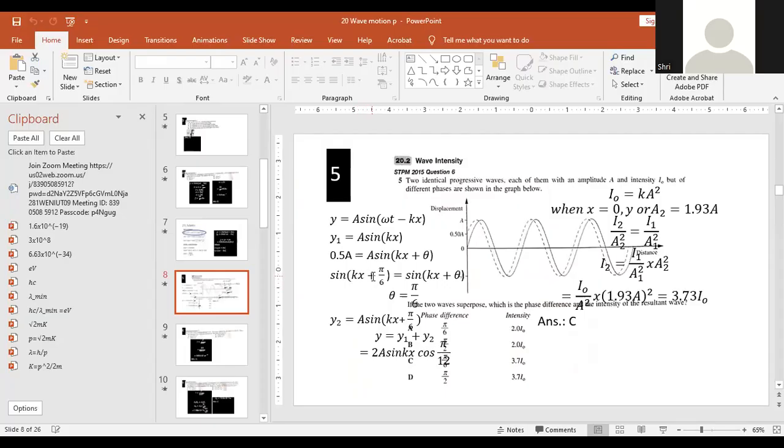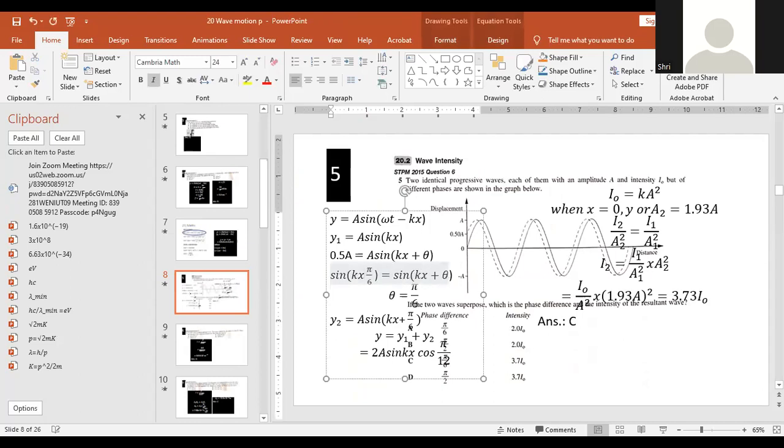No point in making it so confusing. At x equals 0, that's what the graph tells you.